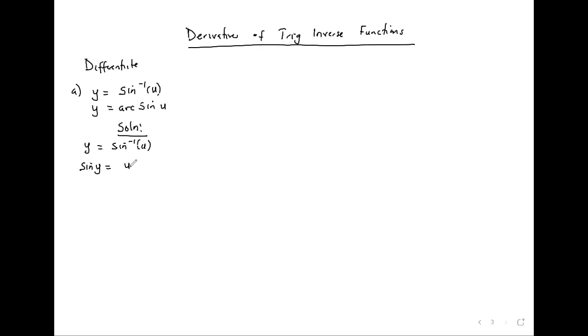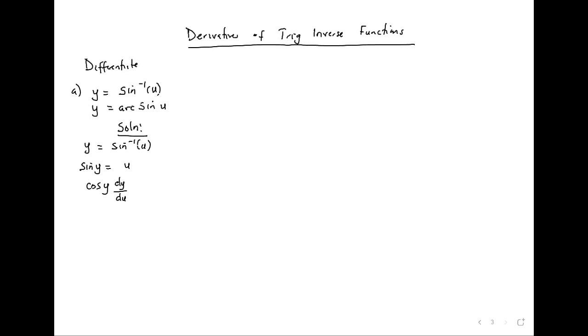And then from there, you differentiate, you're differentiating y here with respect to u. So we differentiate y as a function. The derivative of sine is cos. So we'll have cos y and then dy/du. When you say dy/du, you keep the u.